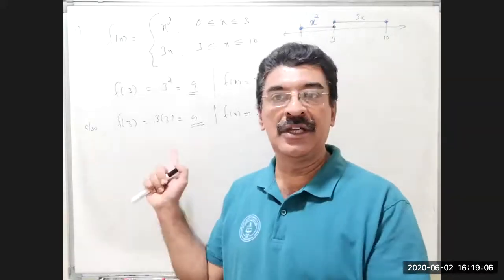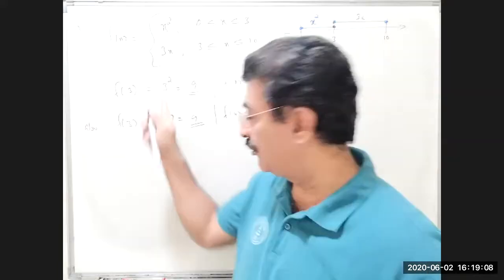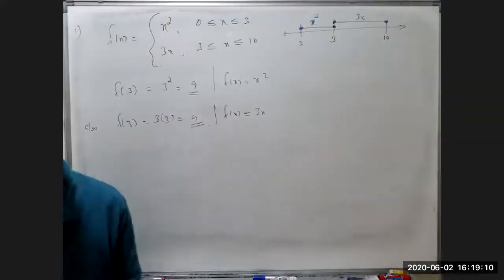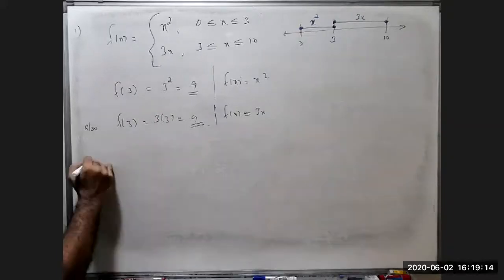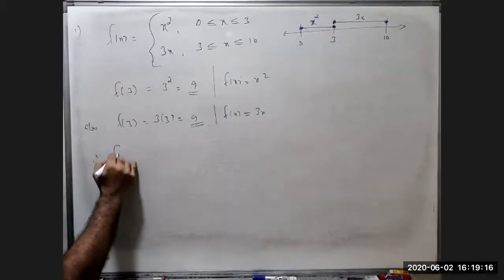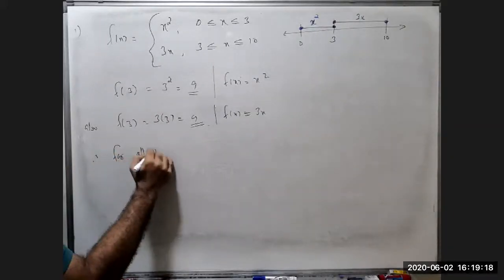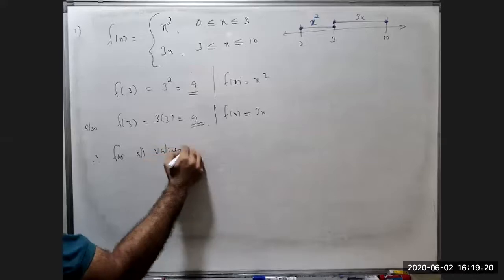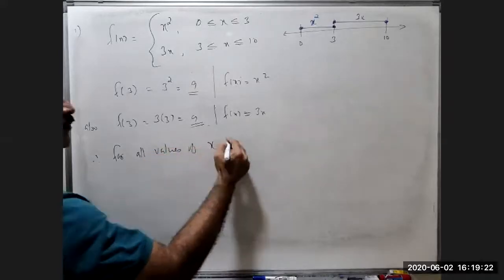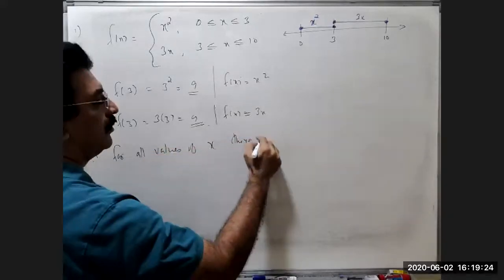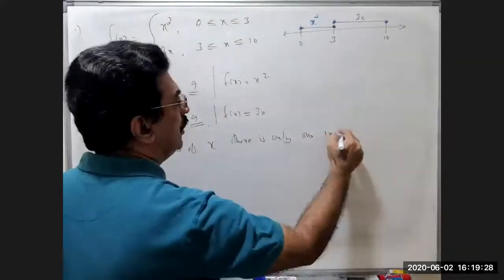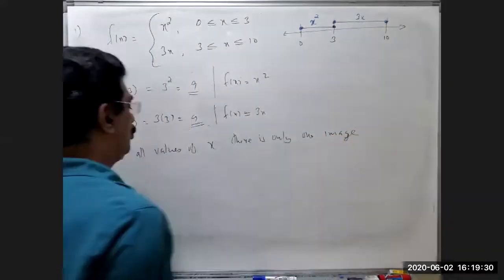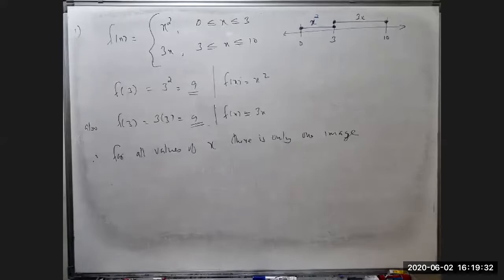That means it is a function. So write this: therefore, for all values of x, there is only one image.